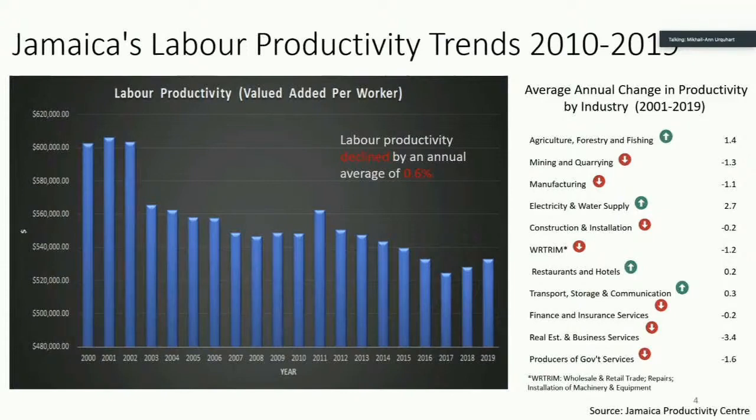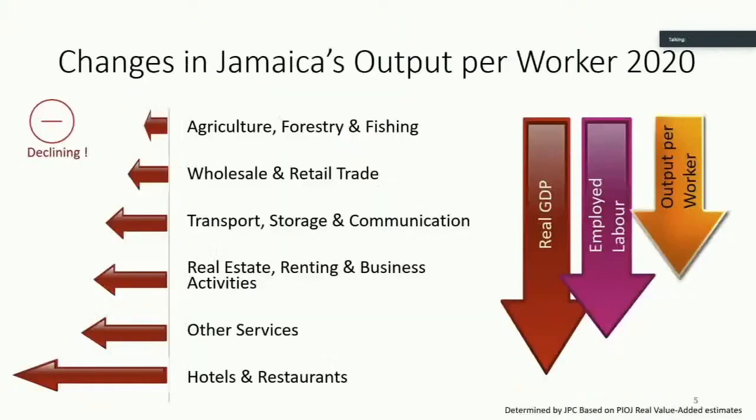You would note that for most of the industries, there was an annual decrease in labor productivity, but for a few industries such as agriculture and electricity supply, hotels and restaurants, and transport and storage and communications, there have been increases in productivity on average.